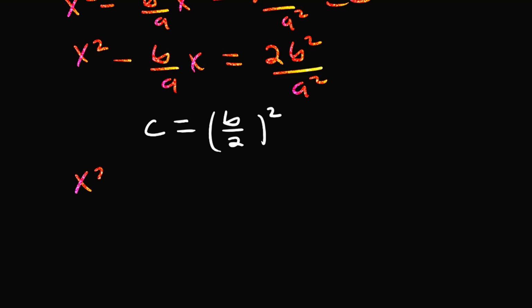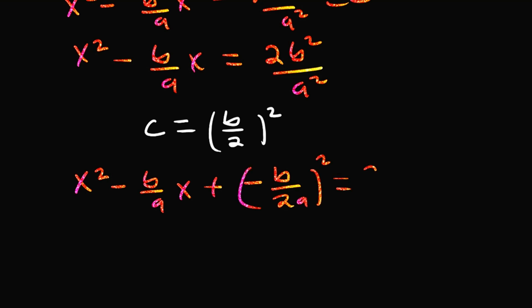We're going to have x squared minus b over a x plus half of this will be minus b over 2a, and we square it. And we have to do that to the right hand side of the equation to keep the balance.